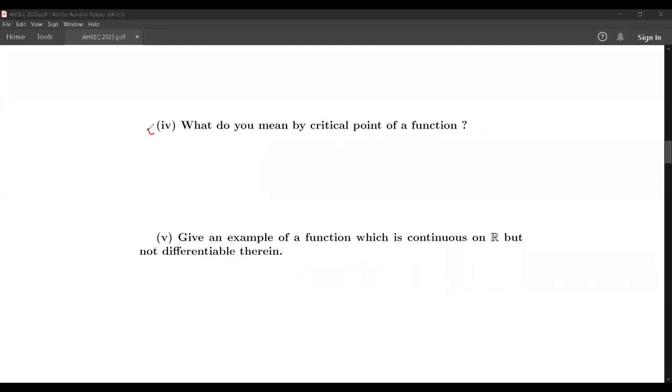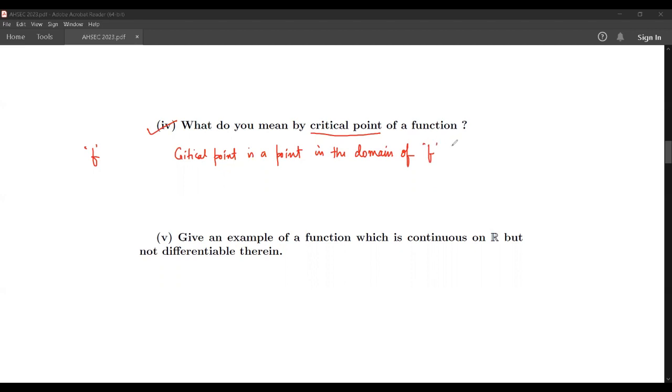Next, what do you mean by critical point? It's very simple. Critical point means, suppose you have a function f. So a critical point is a point in the domain of the function f.